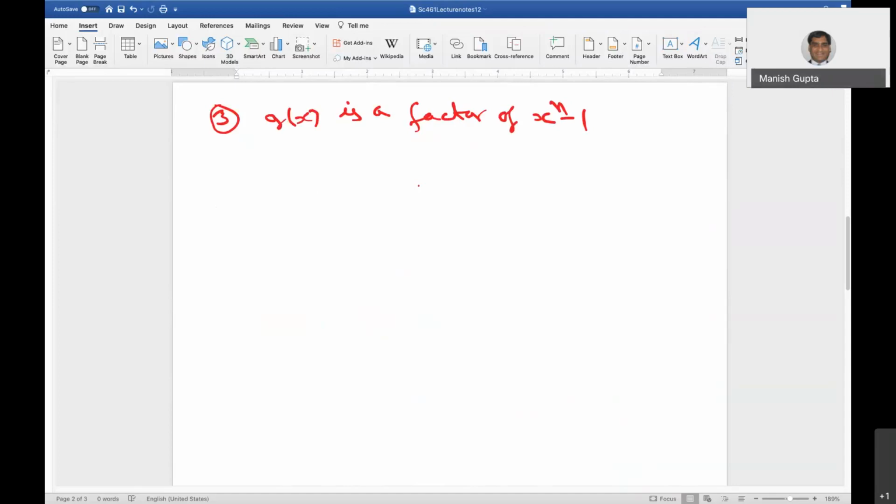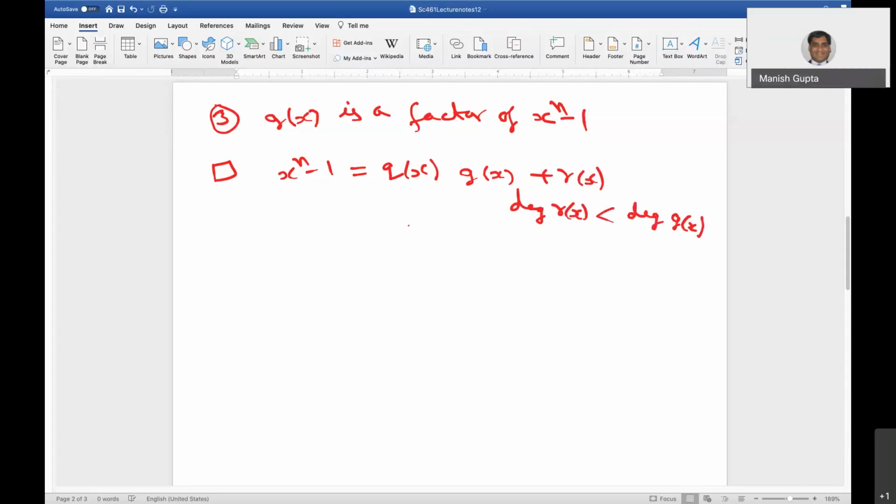By the division algorithm, I can assume that x raised to power n minus 1 can be written as some quotient polynomial q(x) times g(x) plus r(x), where degree of r(x), the remainder polynomial, is less than the degree of g(x).